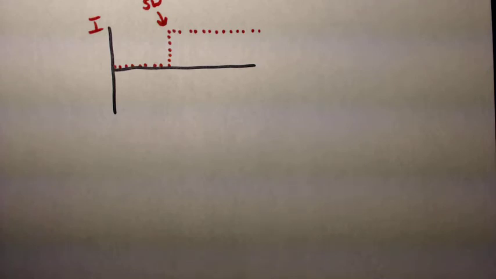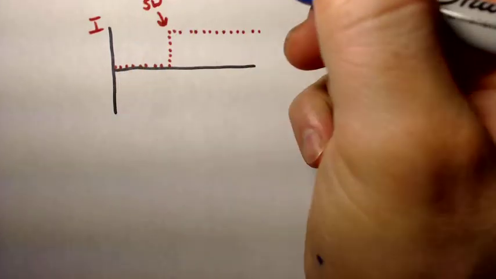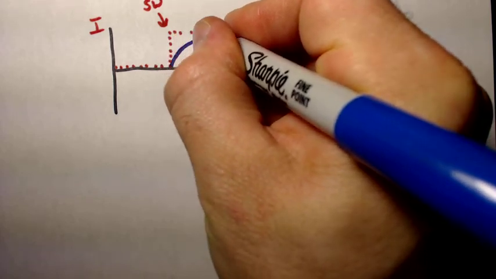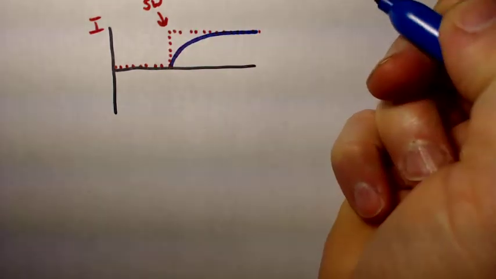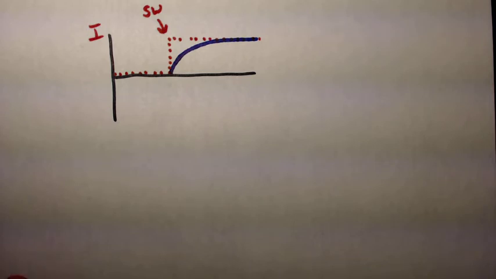So it prevents the instantaneous change in current. The current should have done this, but that temporary backwards battery doesn't allow it to happen. So the current actually ends up looking like that blue line right there.